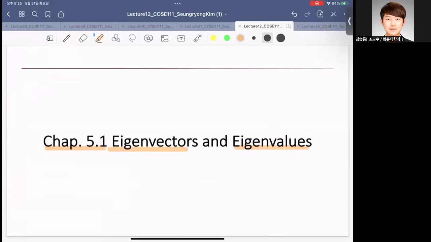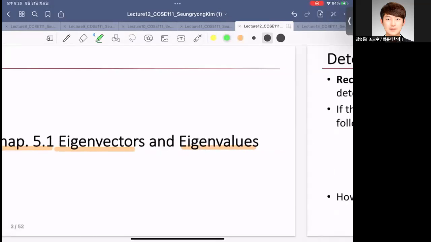For example, like dynamic systems or differential equations or Markov chains, something like this. So yes, this concept is one of the most important concepts in the computer science department. So yeah, eigenvectors and eigenvalues let you know most of the things about your linear transformation or x to Ax matrix multiplication. Okay, let's dive inside.